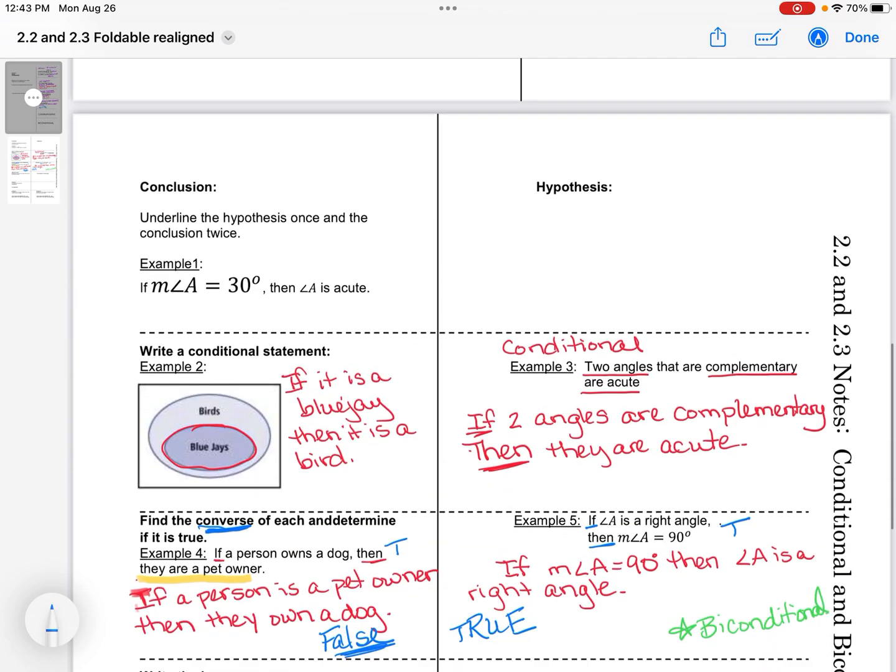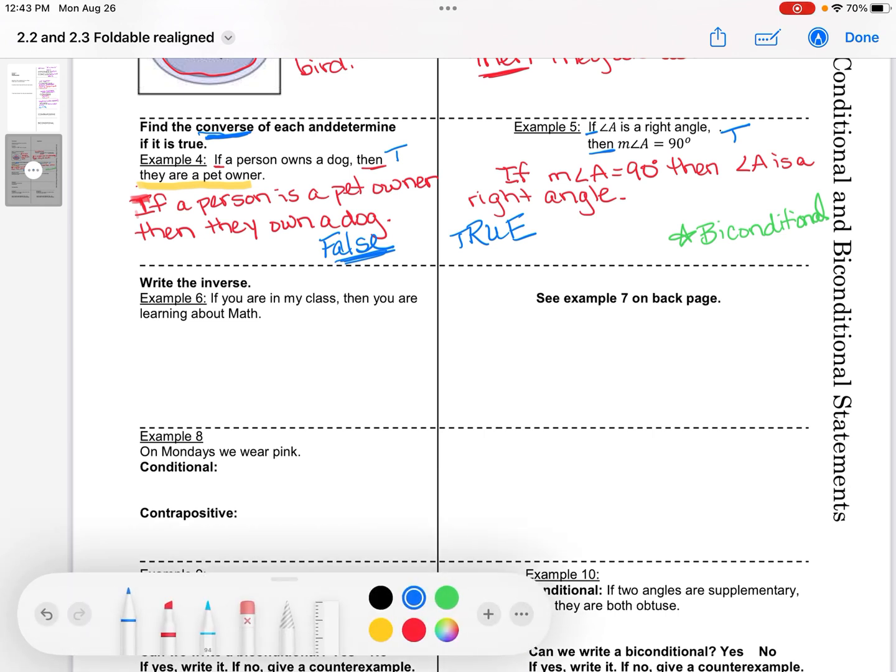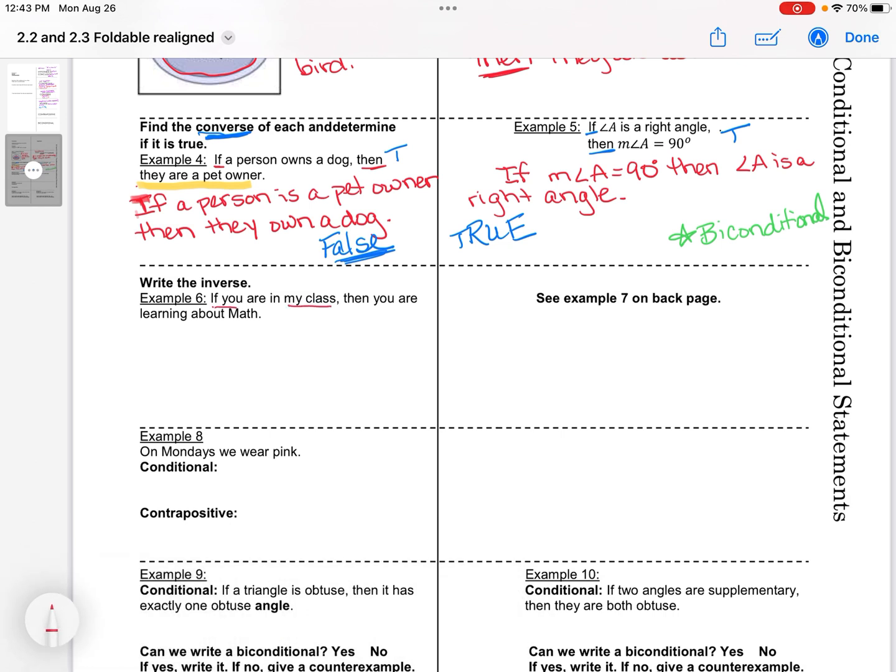Okay, so let's go down to our example 6 and let's write the inverse. So I'm keeping my class first and math second.